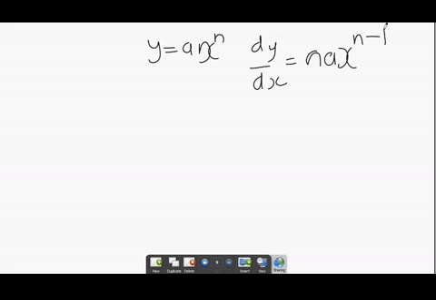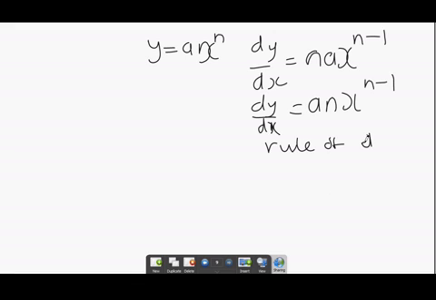Sometimes they can write it nicely because a is first in the alphabet, anx to the power of n minus 1. This is called the rule of differentiation. So you must memorize that rule of differentiation. Okay. So this is the rule that we use to differentiate any function.